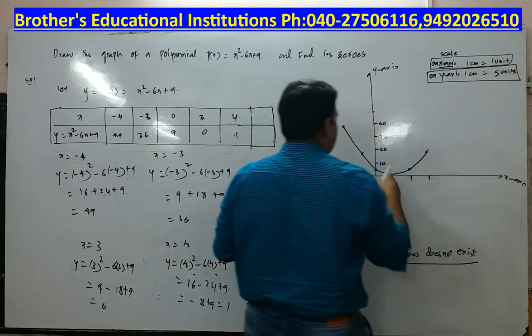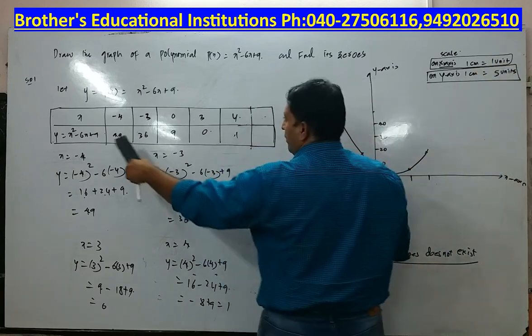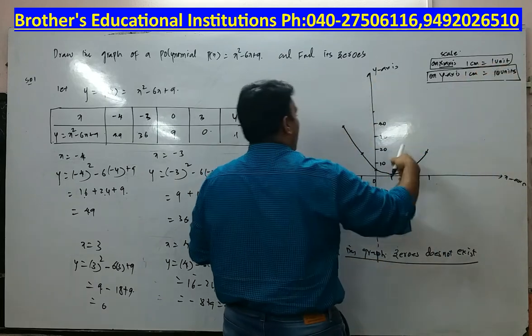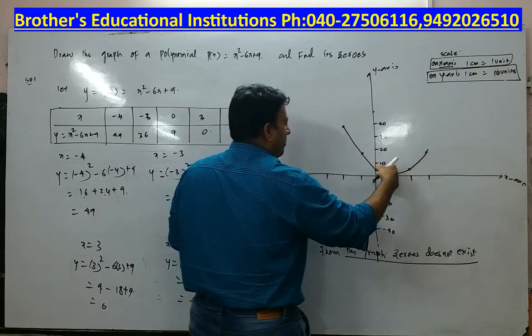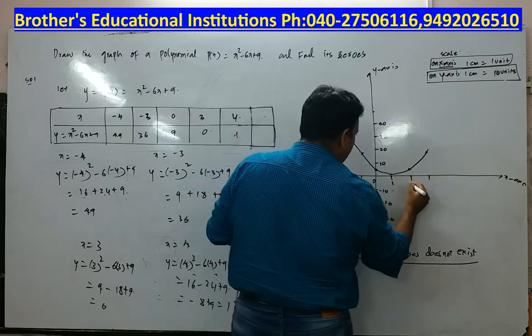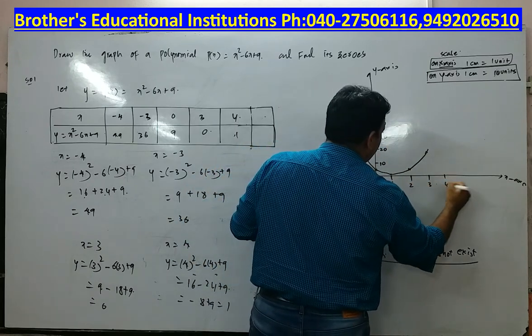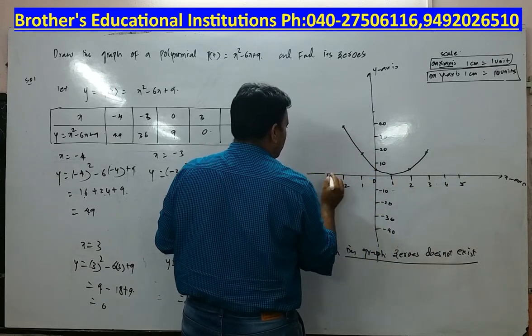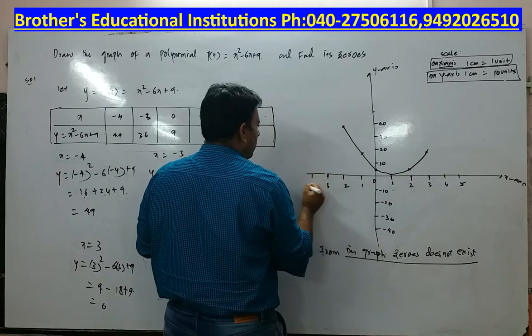If I take 5 units, 5, 10, 15, I will go till 40. So let me have 10 units only. Again I will take y on y-axis, 1 centimeter is equal to 10 units. Here 1 centimeter is equal to 1 unit. I will write 1, 2, 3, 4, 5. Here also 1, 2, 3, 4, 5.